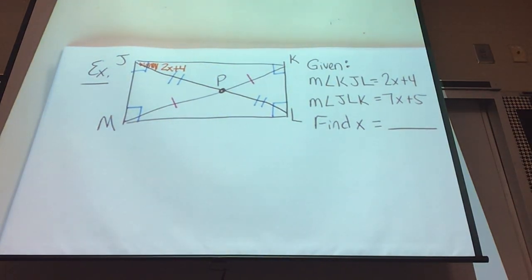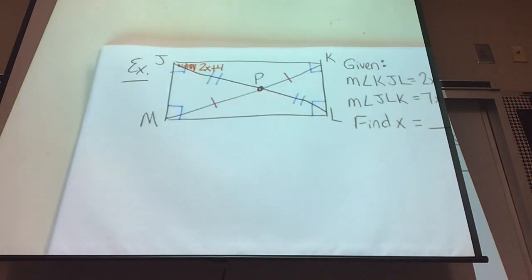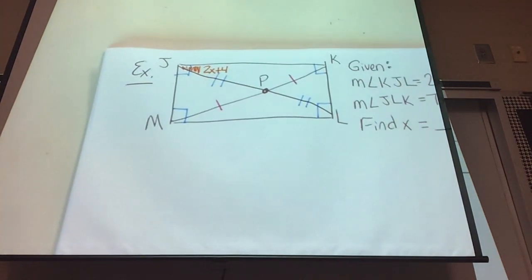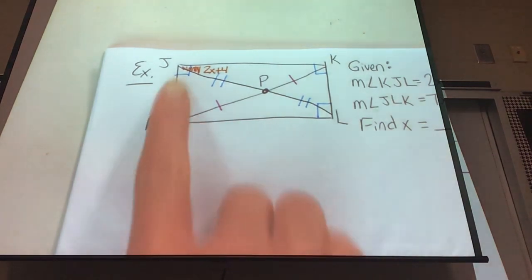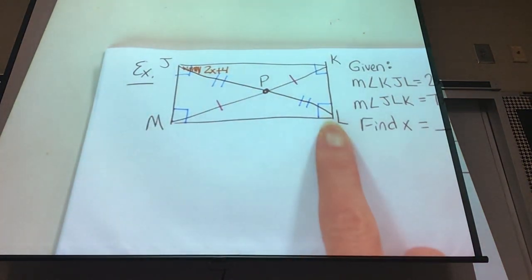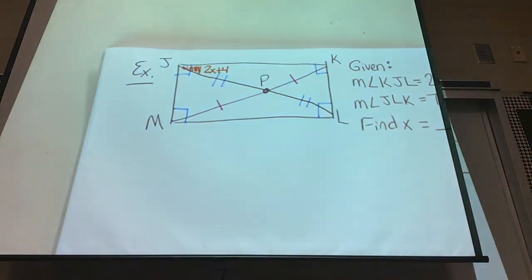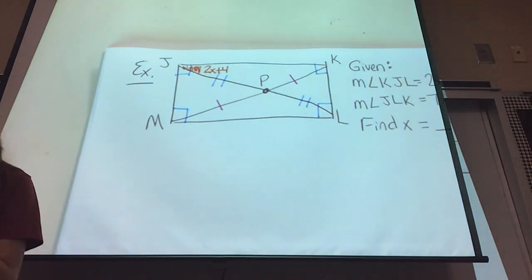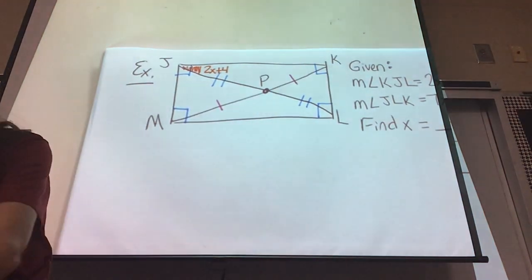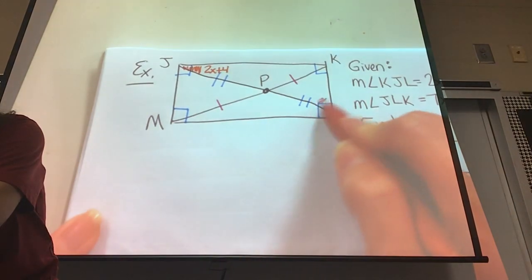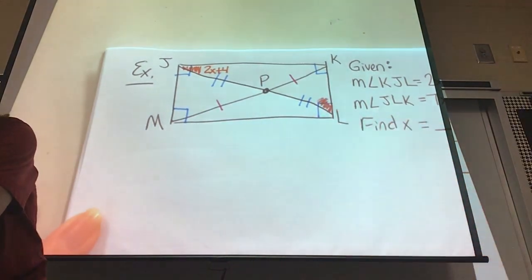Where is JLK? Because here's J, here's L, and here's K. So it's where? L. It's down there at the bottom. It's L, which is this little angle down here.